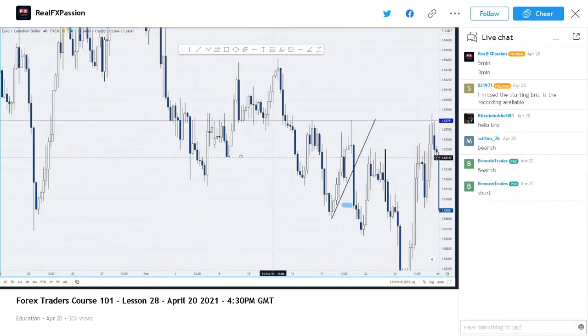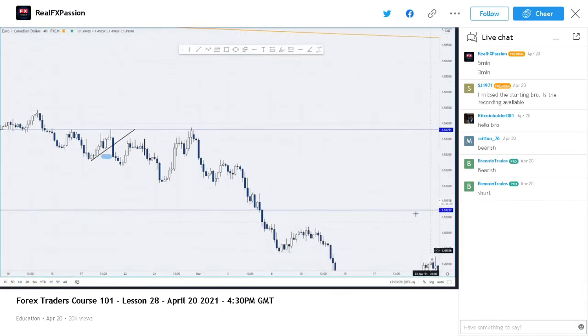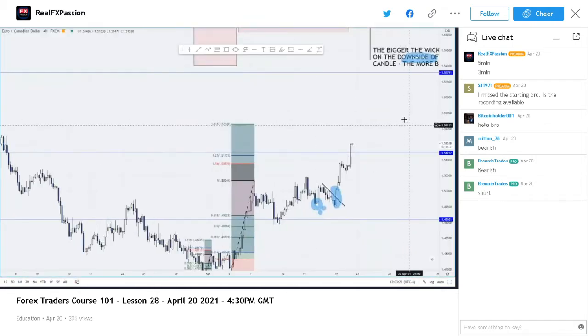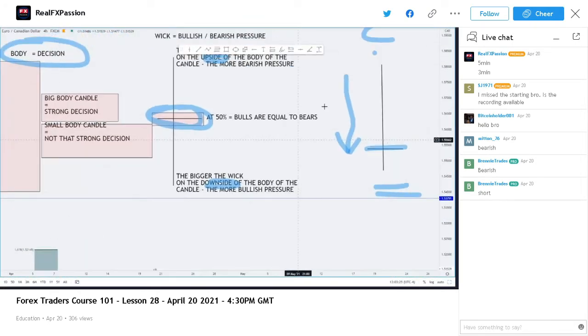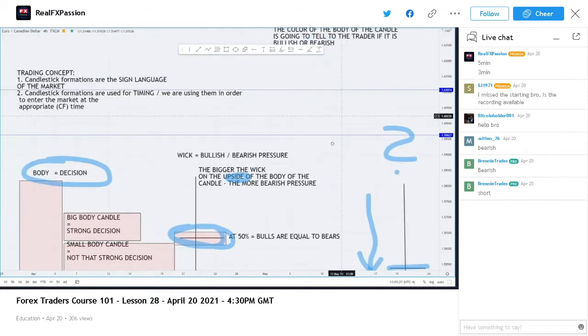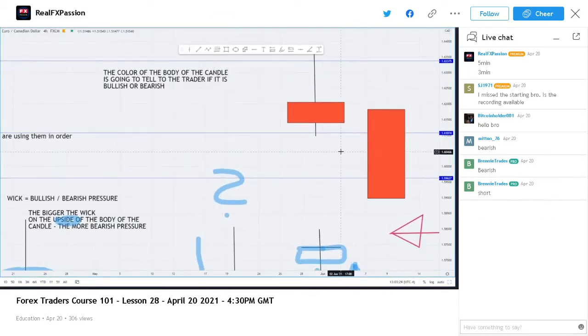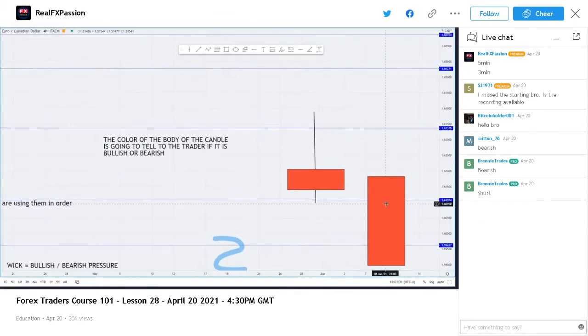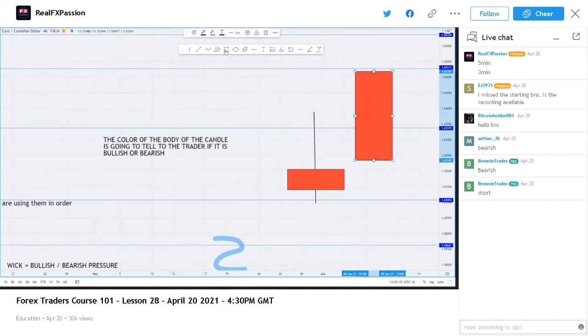And now that EuroCAD is in an uptrend, how are we going to improve our timing? We are going to look for the same pattern just in reverse, right? So instead of this candle being red, it's going to be up in here and it's going to be green.